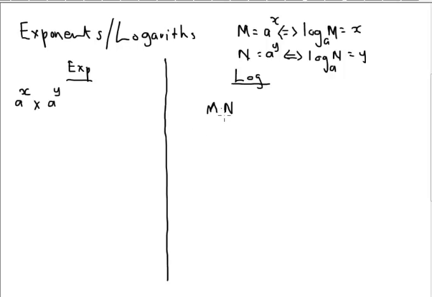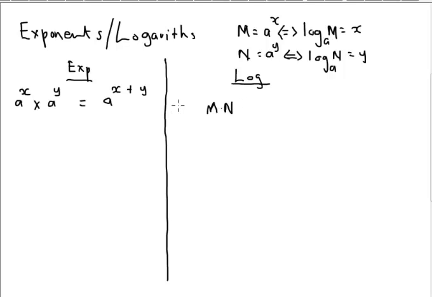Sometimes we use a dot, just a dot like that for multiplication. So which means I've got this. Now if I got this in rules of exponents, we know that this is a to the power x plus y. Altogether. So this is a to the power x plus y.